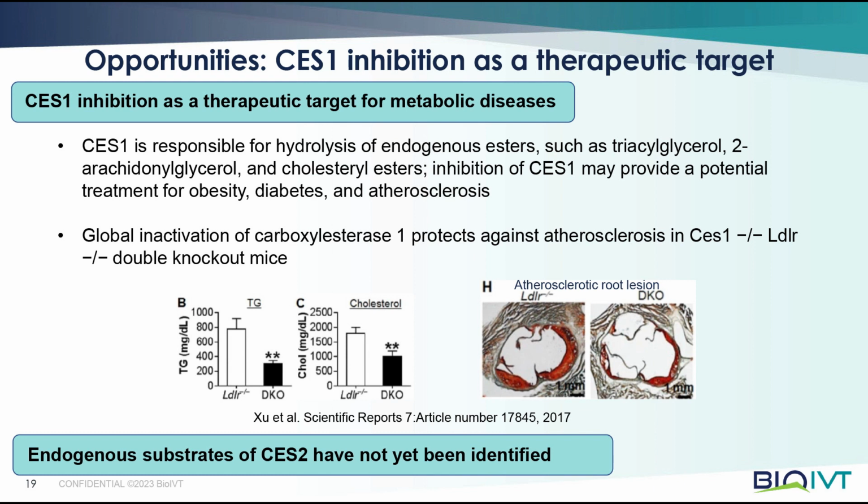And then, interestingly, carboxylesterase 2, no endogenous substrates have been identified yet that I could find. But that's true of a lot of these drug metabolizing enzymes, right? They're not there just to metabolize drugs. I heard an analogy one time that the whole system of xenobiotic drug metabolizing enzymes are there to handle any chemicals that might come our way.